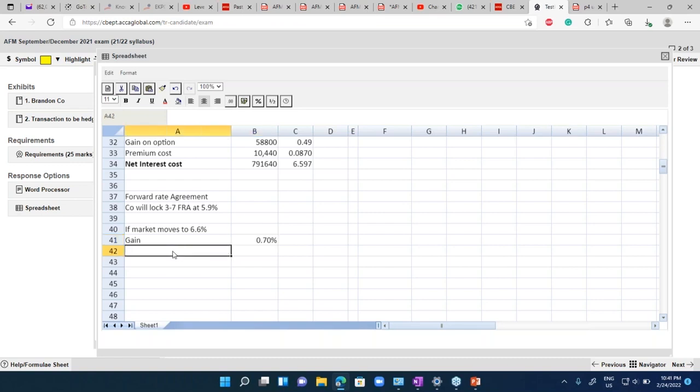And the actual borrowing cost is, so let me shift this into the next cell, market has moved to 6.6 plus 0.4%. So the final cost will be 6.3%.